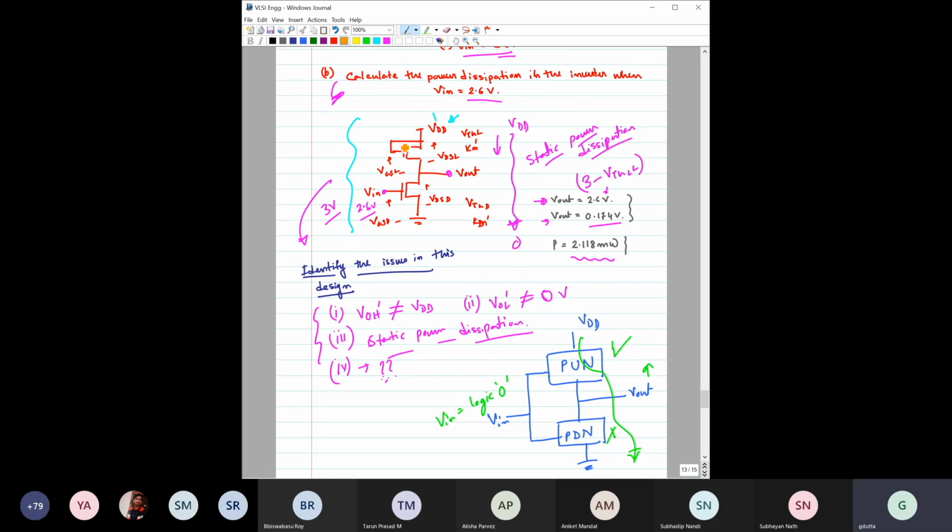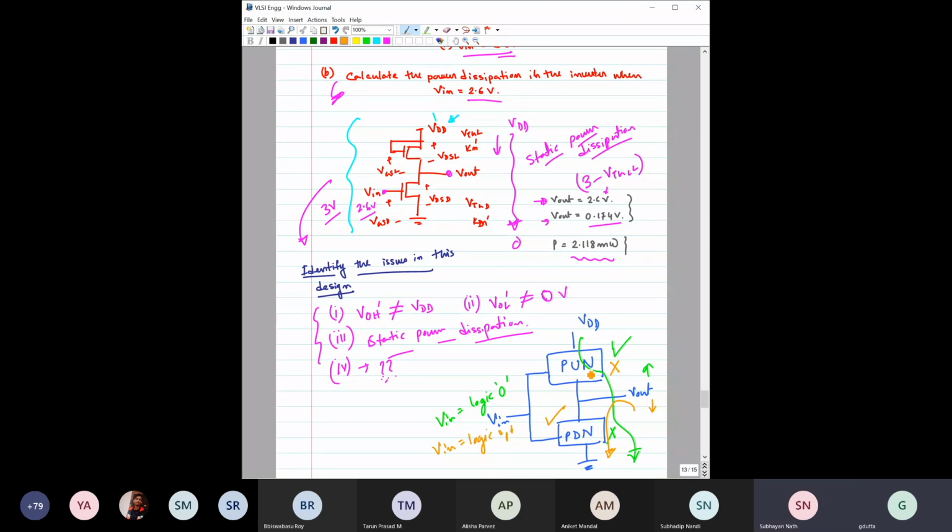But in the other case, if you give V in equal to logic 1, you are expecting this voltage to be low, logic 0. So you want this capacitor to be discharged by the pull down network. In that case, only the pull down network would be on.